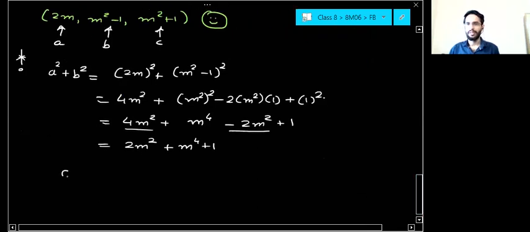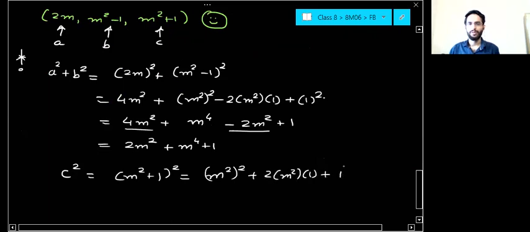So if you check c square, it is m square plus 1 whole square, a plus b whole square, that is a square plus 2ab plus b square. So it is m to the power 4 plus 2m square plus 1. So see, your result number 1 is also same and result number 2 is also same.